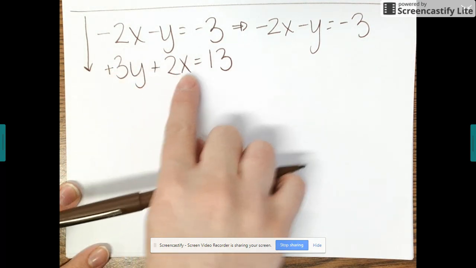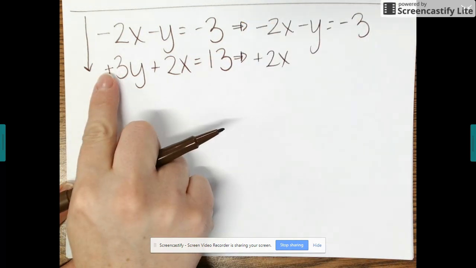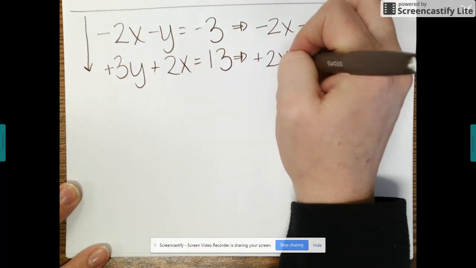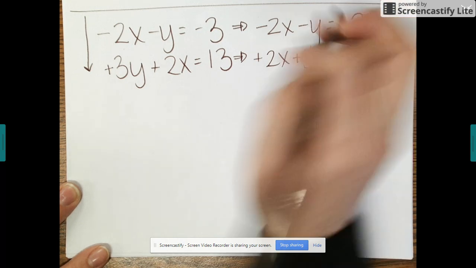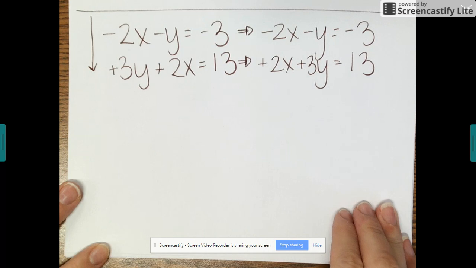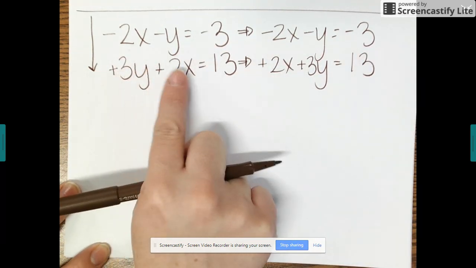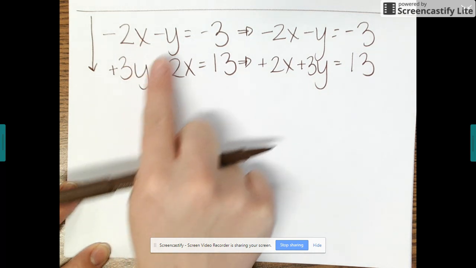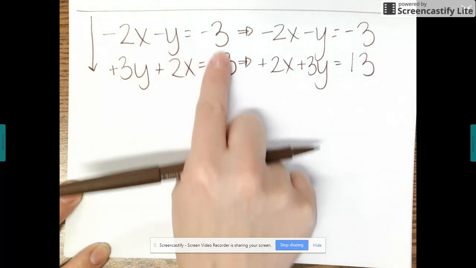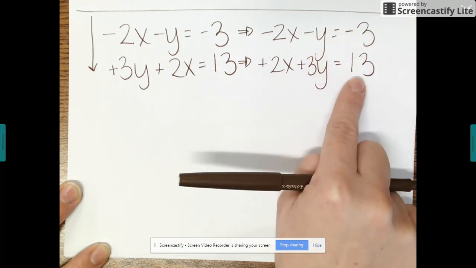So it's a positive 2x, and this is a positive 3y. The equal stays the same, 13. Okay, so we kept this one the same, and we just flip-flop these because we want x's first, y's, equals, and our numbers, okay?